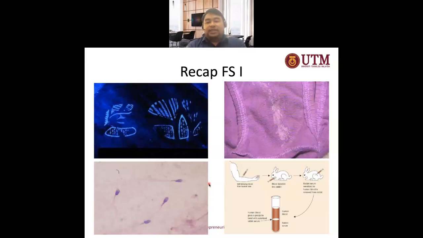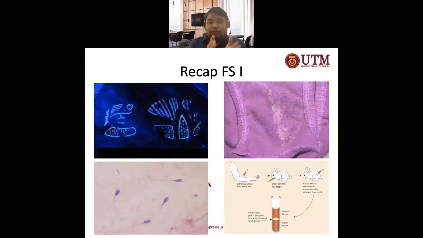So basically that is forensic serology 1. Now the continuation: you have your blood, your semen, your seminal evidence. Now we are going to take it further and do DNA analysis for identification purposes.